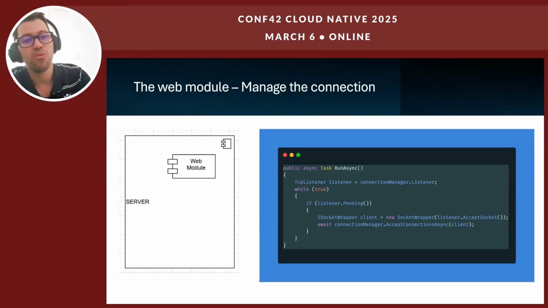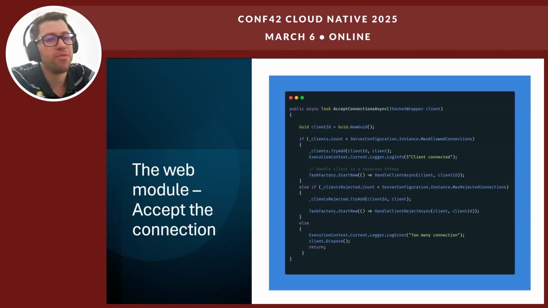This module will include functions like start, run, stop, and with the run function, we will handle the connection. The previous code is now moved in the run function of the module, and we can see that when a connection arrives, we accept the socket, and we call AcceptConnectionAsync to manage it.